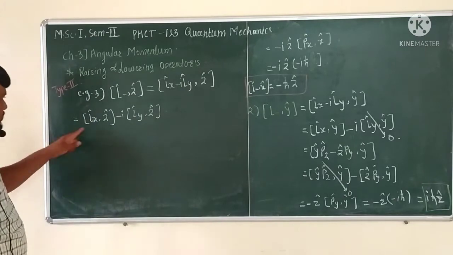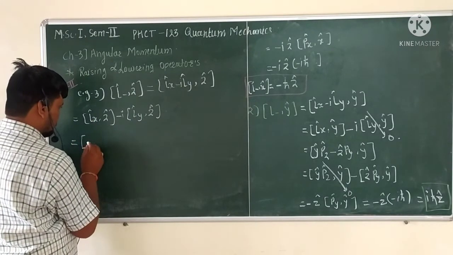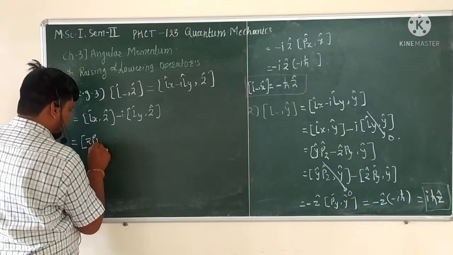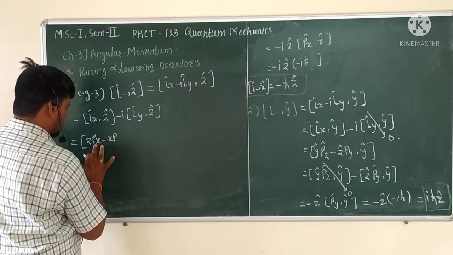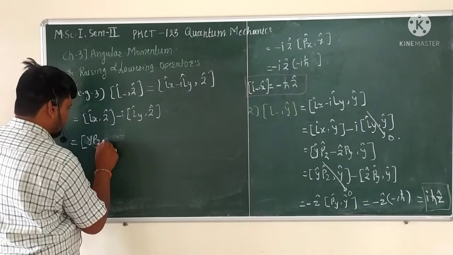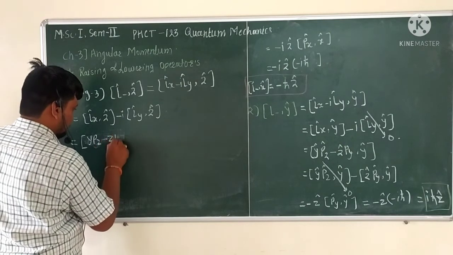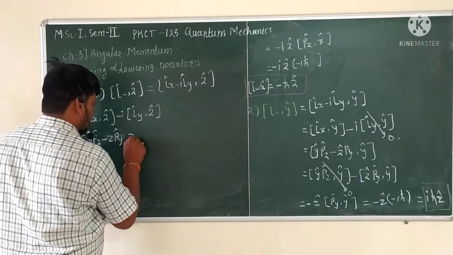Okay, and if you solve this commutator bracket, this Lx is nothing but the z px minus x pz, sorry, Lx is y pz minus z py, comma z cap.